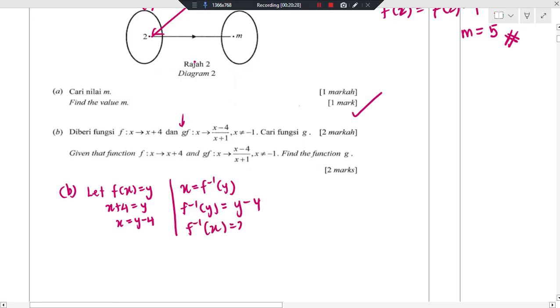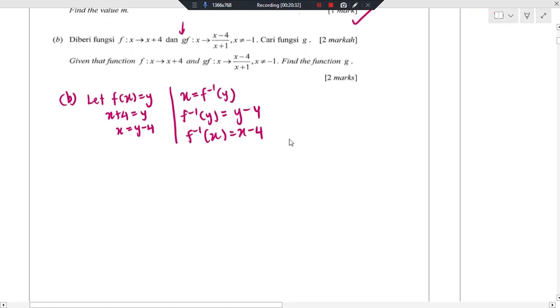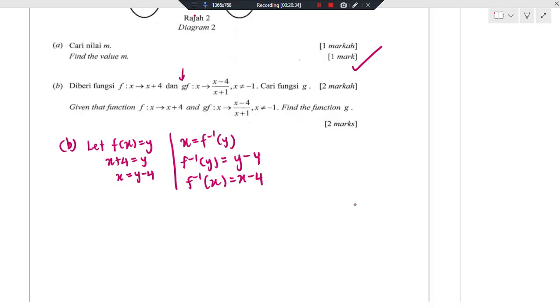Okay. So, you nak letak mana F inverse kita, mestilah kat belakang, betul tak? So, kita buat GFX dulu. GFX adalah x minus 4 over x plus 1. Okay? Sekarang, dalam fx tu, kita nak ganti F inverse x.